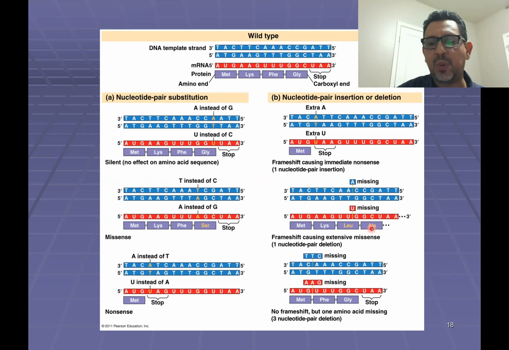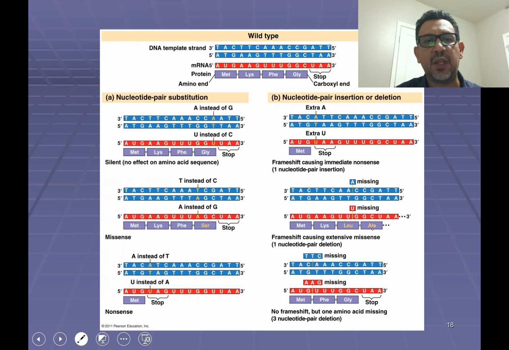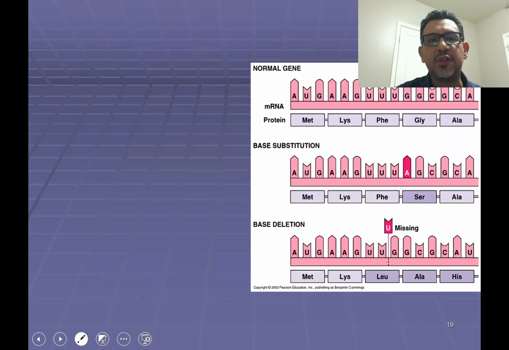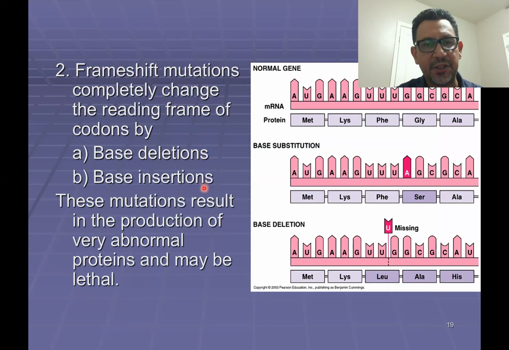So the key thing to remember here is that there are two types of mutations. The ones when a base is substituted for an incorrect one are also known as point mutations. You can see on this table the consequences: silent, missense, nonsense, or they can also be frameshift mutations, and these happen when bases are deleted or bases are inserted.